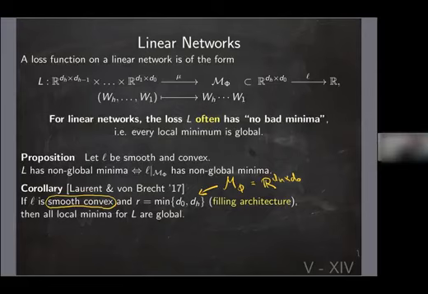A quick question, because I'm a bit confused about the pre-image. When you talk about pre-image, I can see two pre-images. One is when you go from a point in the manifold back to the weight space, and one is when you go from the scalar loss back to the weight space.